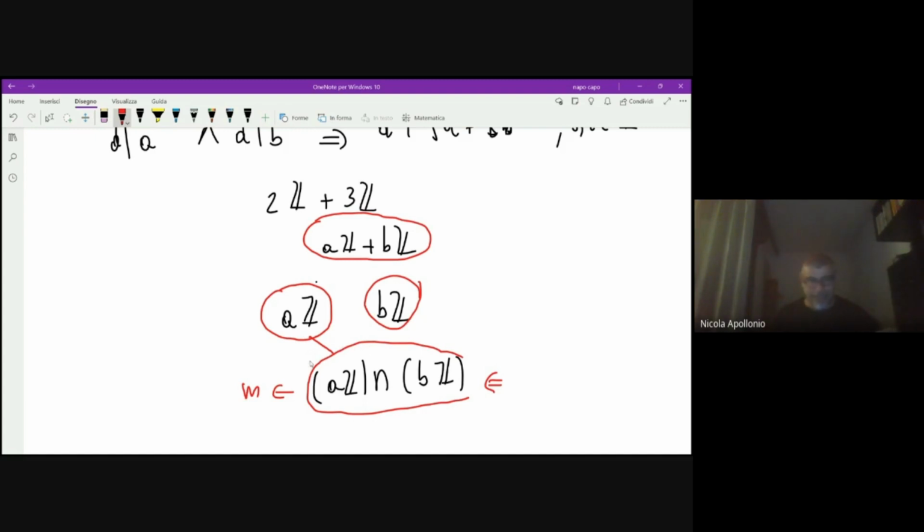This is just a way to say that the set above is larger than the set below and contains the set below as a subset. And the same is true for BZ, because every common multiple of A and B is a multiple of B. So this set is contained in BZ.